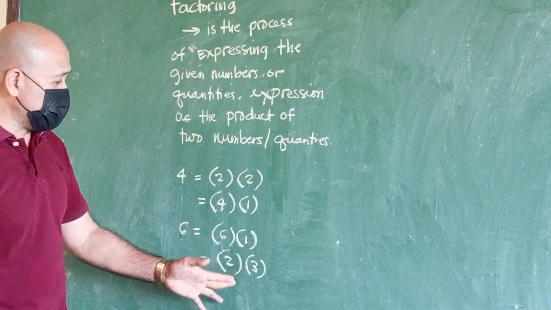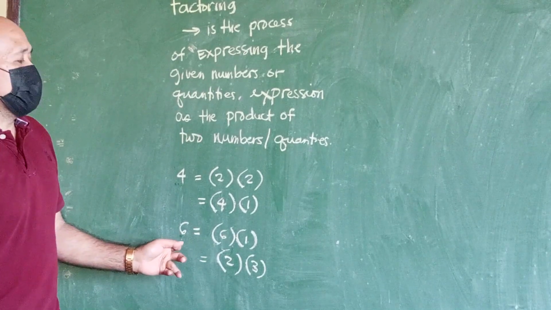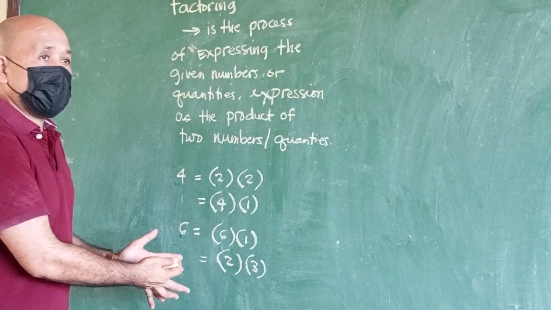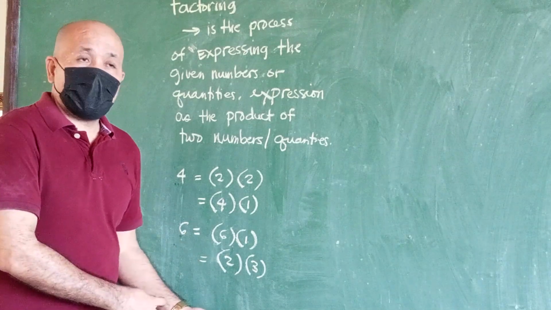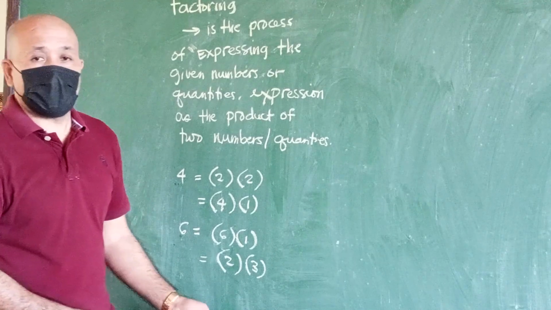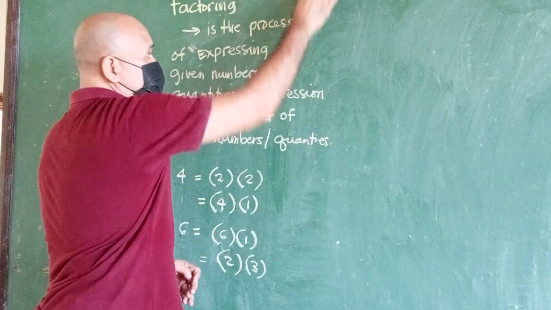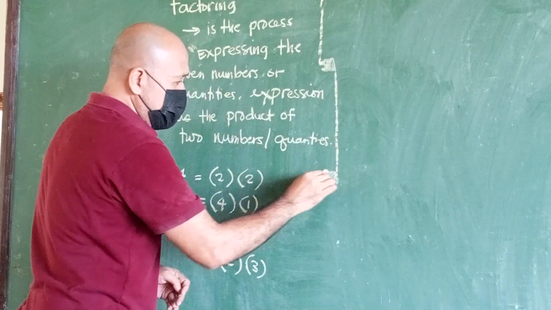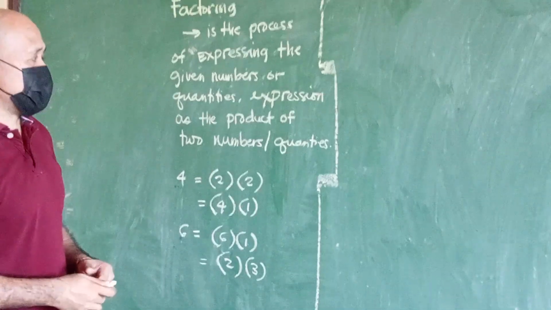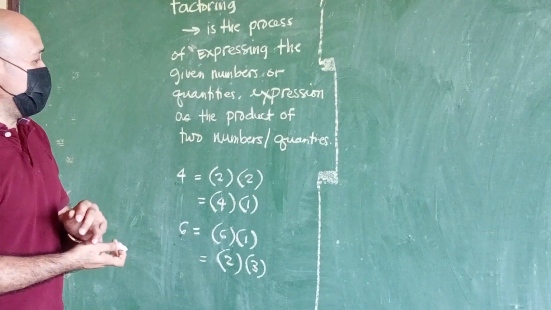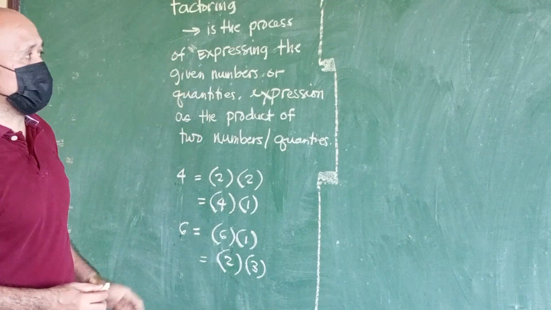So these are what we call factors of this given number. So in elementary, again, the idea of factoring was already being introduced to you by your mathematics teacher. So therefore, the process itself is not something so new to you. And this time, we will be talking about factoring algebraic expression.